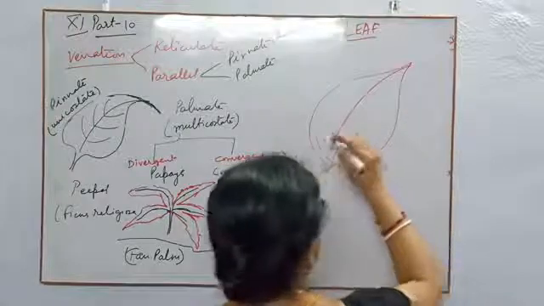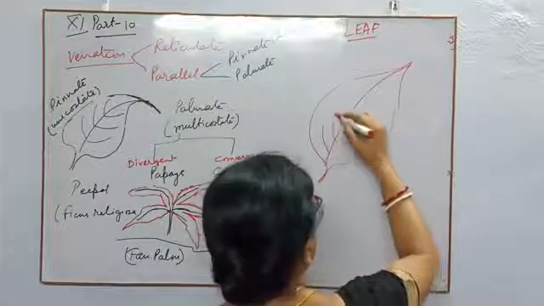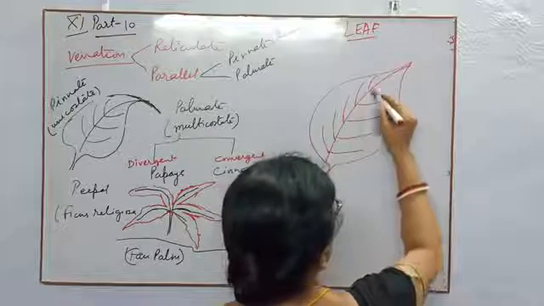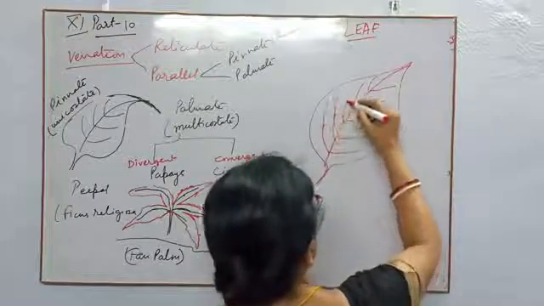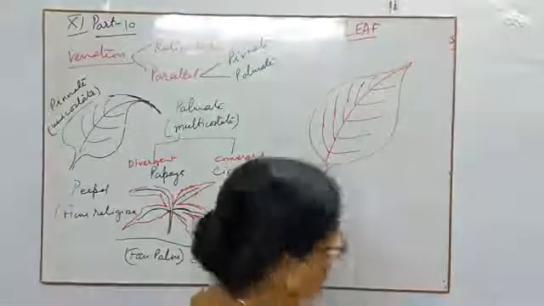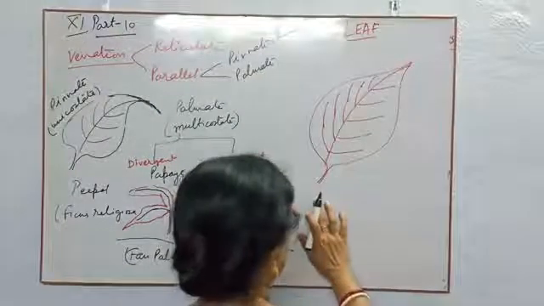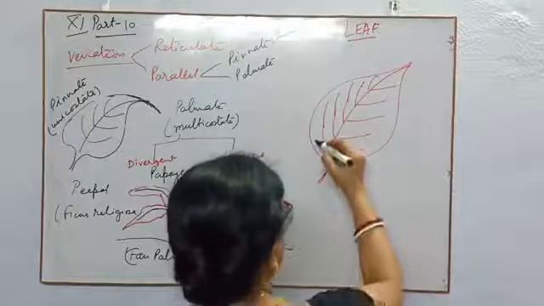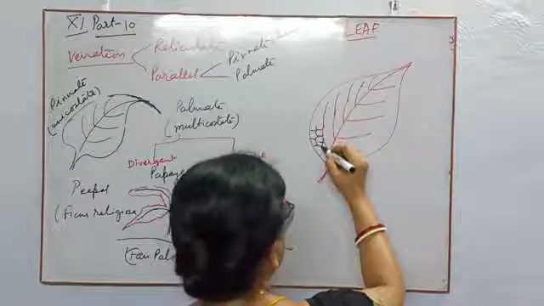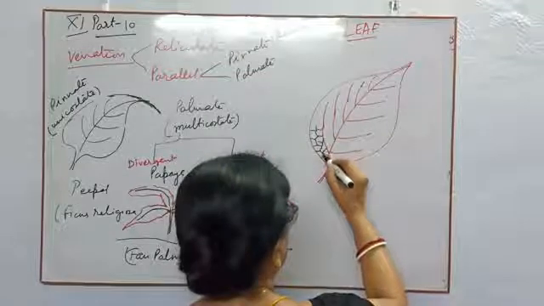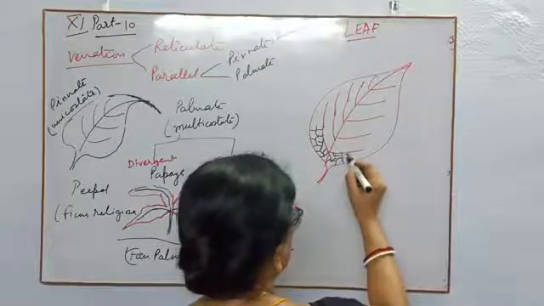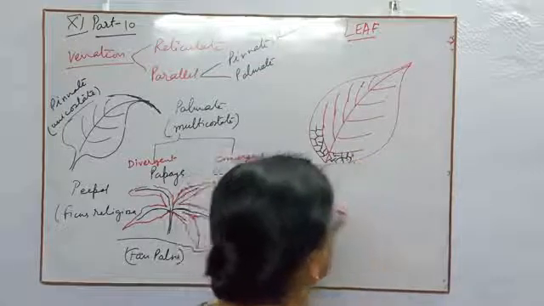This is the midrib and these are the branches of the midrib or lateral veins, and these lateral veins, when they get water from the branches of the stem, they have reticulate or the sub veins by which the total plant can get water, or after preparation they can send the food also in this way.